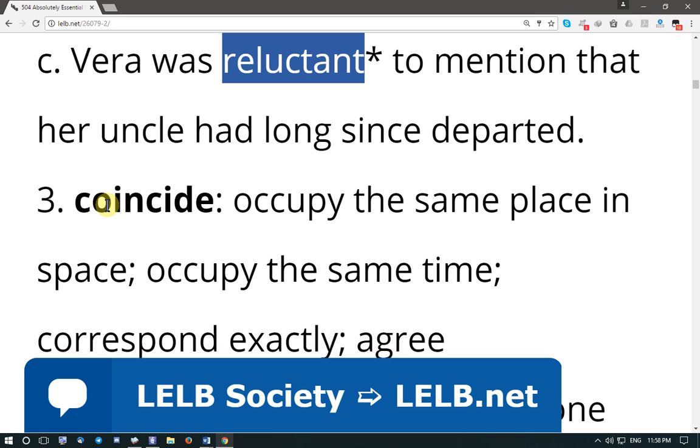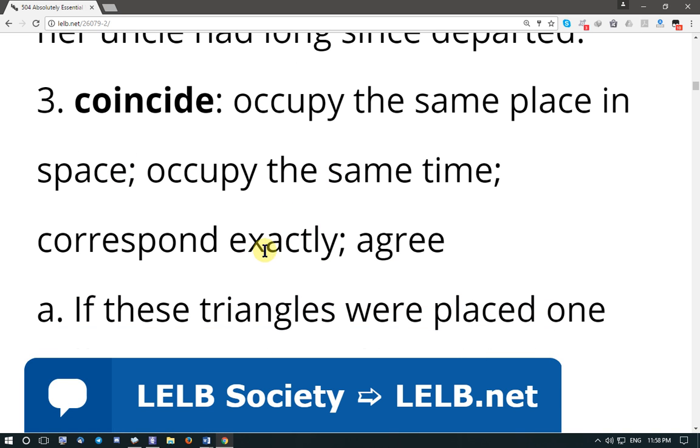Word 3, coincide. Coincide means occupy the same place in space, occupy the same time, correspond exactly, and agree. You know, in English, co as a prefix means together, at the same time. That's why we have collocation, cooperation, collaboration, and so many other words.